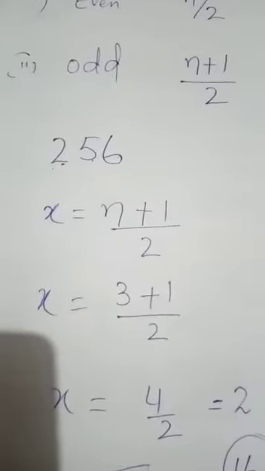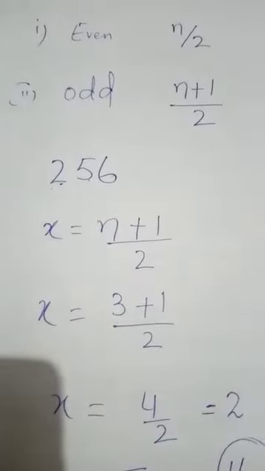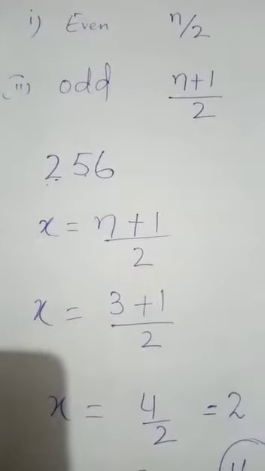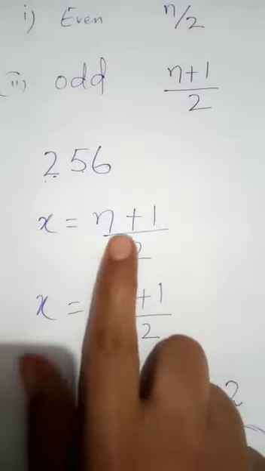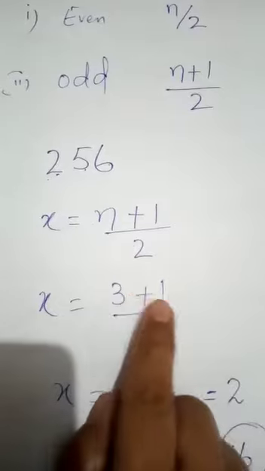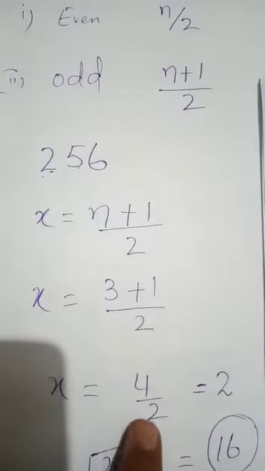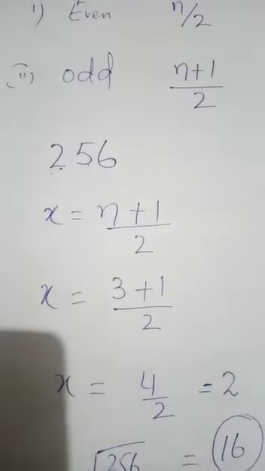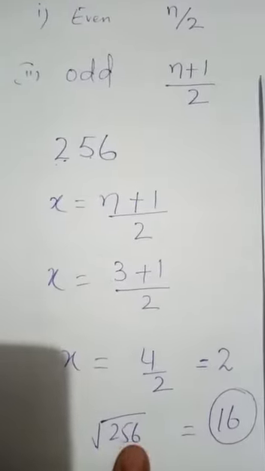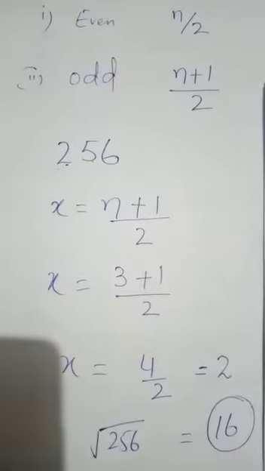Students, I have an example: 256. It has 3 digits, and 3 is an odd number. For odd, we will use n plus 1 divided by 2. N is the number of digits, that is 3 plus 1 divided by 2. 3 plus 1 is equal to 4 divided by 2. We get 2. It means the number of digits in the square root of 256, that is 16, is 2.